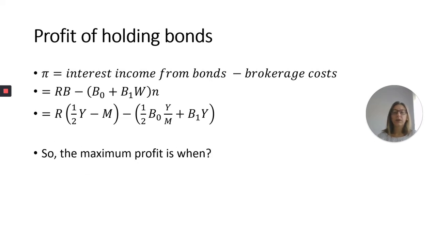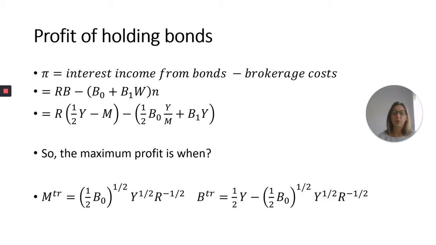Aiming to understand the decisions, we try to maximize this profit function by calculating its first order derivative and making it equal to 0. And so finding out what the transactions demand for money and transactions demand for bonds would be.